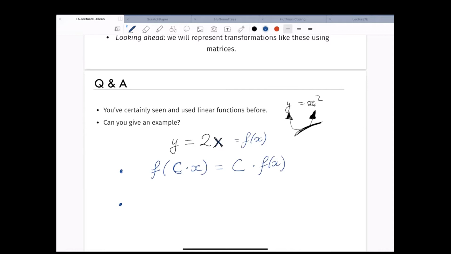When I apply my transformation to any argument that's scaled by some constant, let that constant be, I don't know, like 3, then it is the same as if I were to apply that transformation f to my original argument, and whatever I got out on the other end, I took that and multiplied that by 3 at the end. Does that make sense?